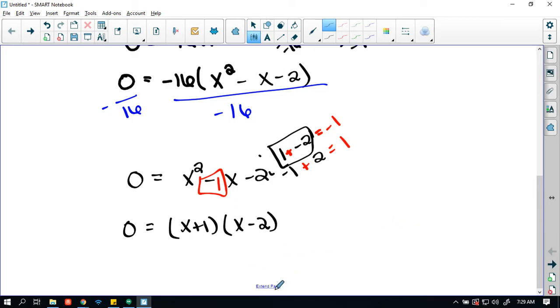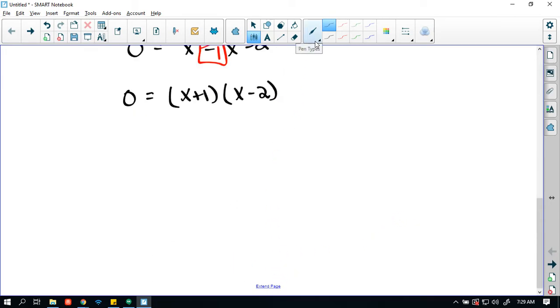All right, so now remember the zero product property. The zero product property states that for us to get a solution of 0, one or both of my factors has to equal 0. So I'm going to take this first factor of x plus 1 and set that factor equal to 0.